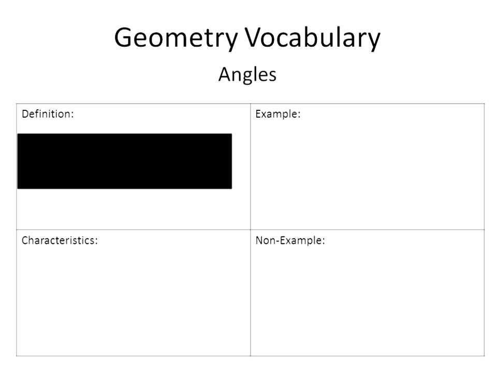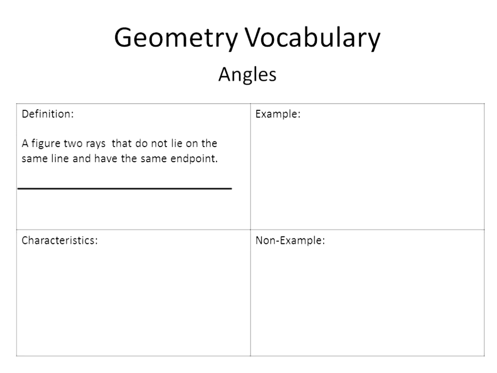Last one is angles. You've seen angles before, but let's get an actual definition for geometry. It says a figure is made by two rays that do not lie on the same line. Actually, they could, but they have the same endpoint. If I'm drawing a picture of this, you've seen this before.